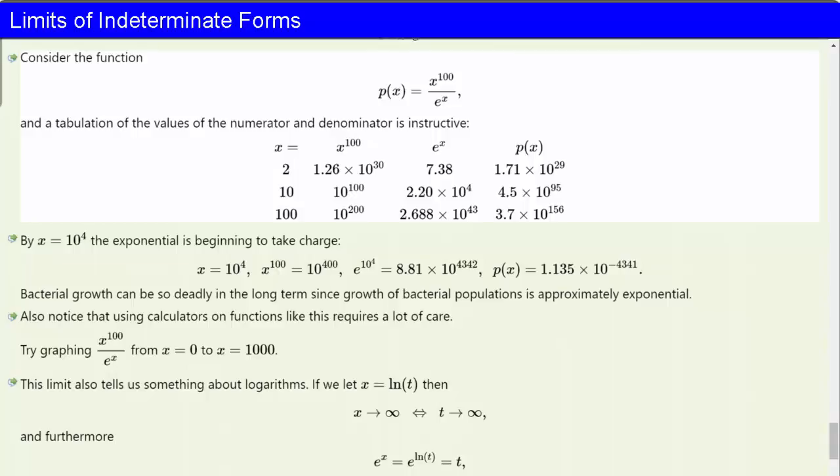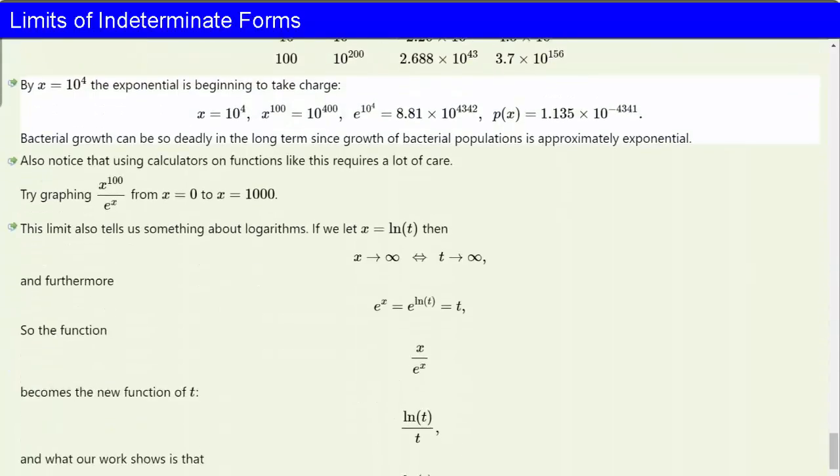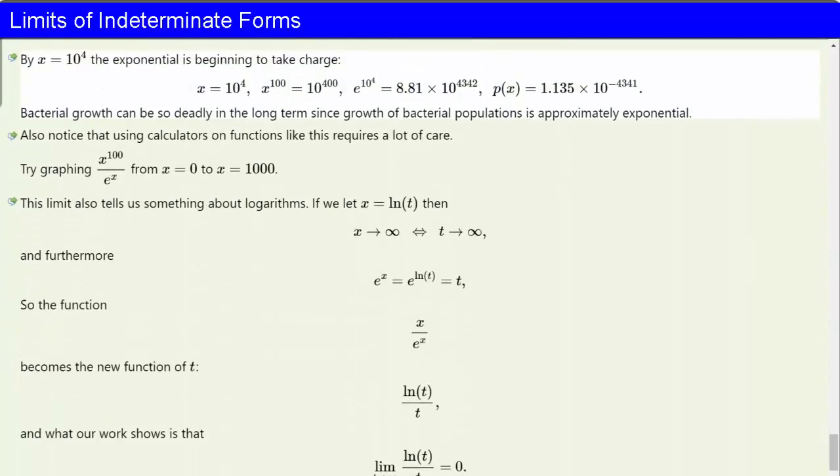When x is 100, x to the 100th power is 10 raised to the 200th power, e to the x is 2.688 times 10 to the 43rd power, and the ratio p of x is 3.7 times 10 to the 156th power. As you can see, this hardly looks like a function which is going to 0. However, by x equal 10 to the 4th, the exponential is beginning to take charge.